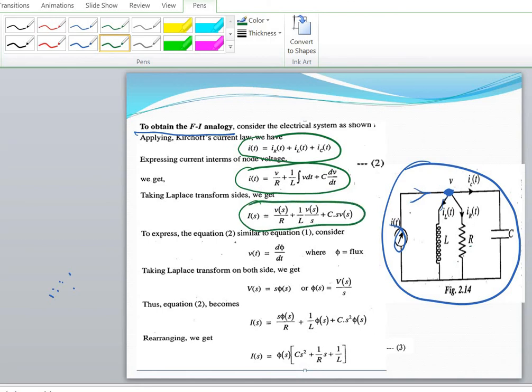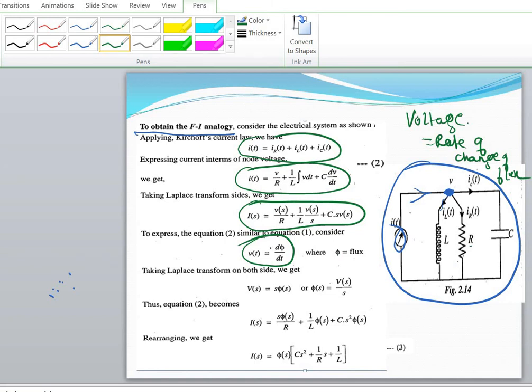Now, to express this equation 2 similar to the mechanical equation 1, note that voltage V of t is nothing but the rate of change of flux. Flux is represented by phi, so V of t is d phi by dt.